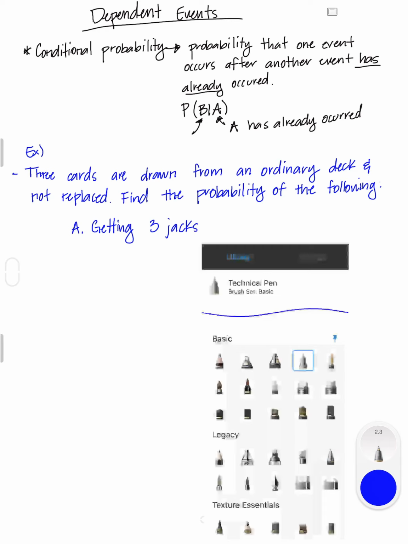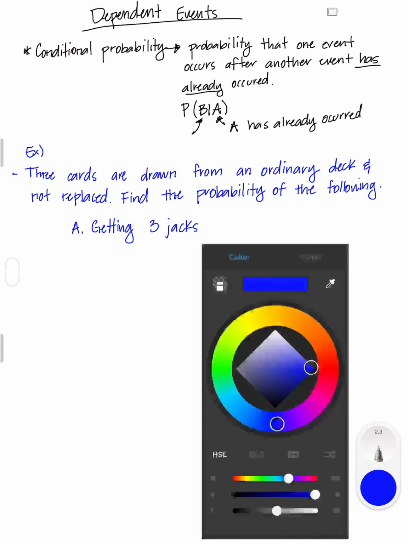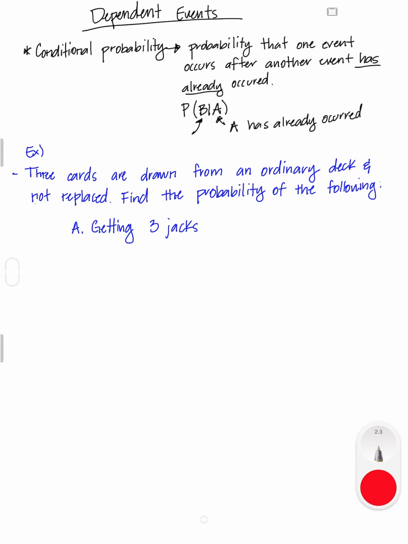Now, how do we know that these are going to be dependent events? The key word is that we're not replacing. The fact that we're not replacing is going to change the amount of cards that are in the deck as you are taking them out, right? Or as you are drawing them. So that is what's telling us that this is a dependent event: not replaced.